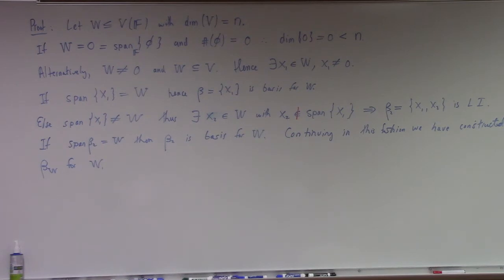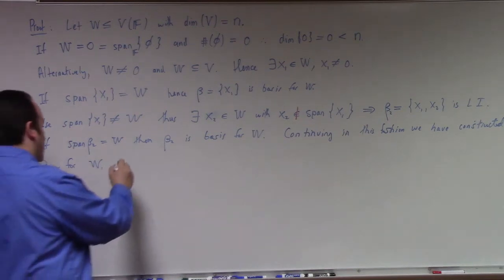I've claimed more than that in this theorem, right? So at the moment, we've just sketched a lot of the proof of why there exists a basis for W. So my question is, why does the number of vectors in the basis for W have to be less than or equal to n? This is a pretty easy proof by contradiction.